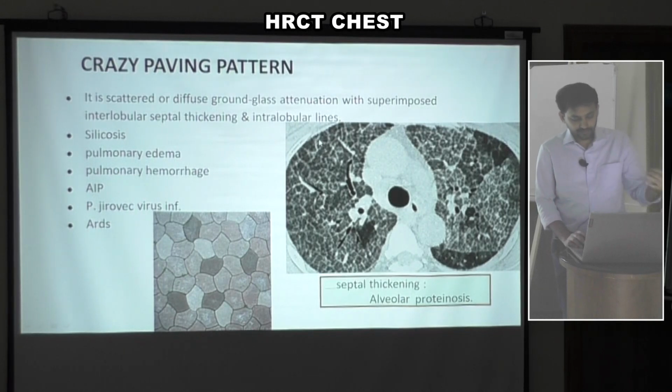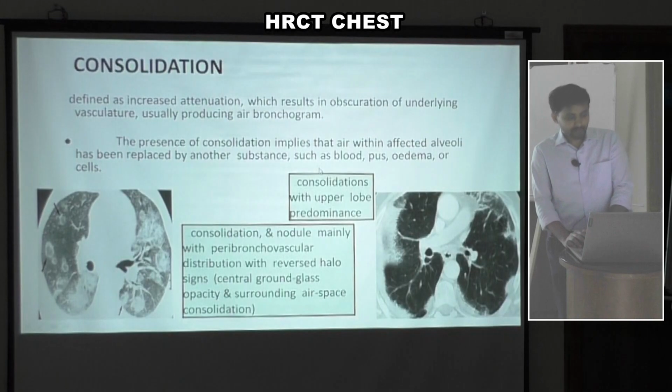You can see this in pulmonary edema, pulmonary hemorrhage, Pneumocystis jirovecii infections, ARDS and silicosis. In these patterns you see crazy paving, which always represents an advanced disease process. So next comes consolidation.